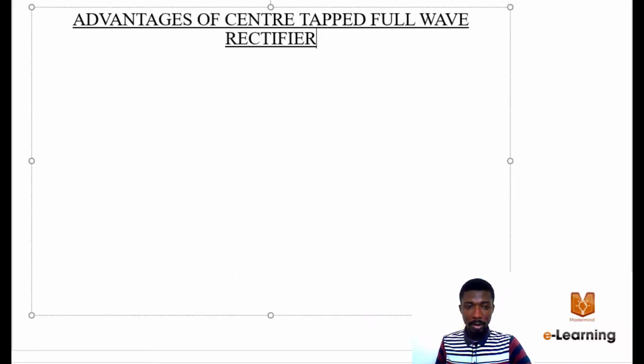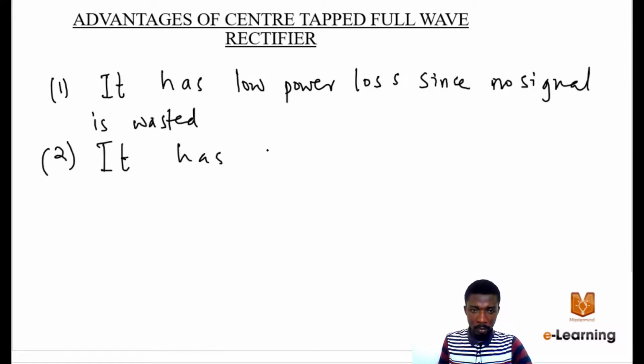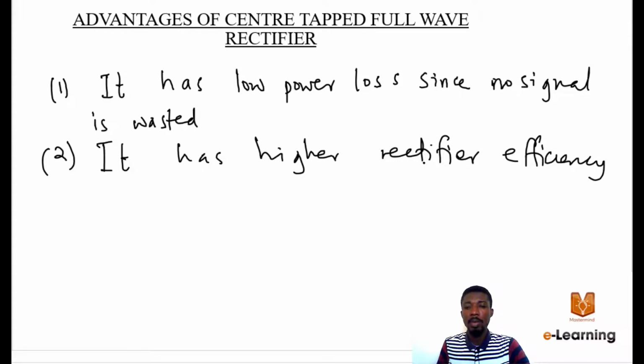The advantages of center tap full wave rectifier. 1, it has low power loss since no signal is wasted. 2, it has higher rectifier efficiency. Remember when we talk about the rectifier, the diode is acting as a rectifier in this case.